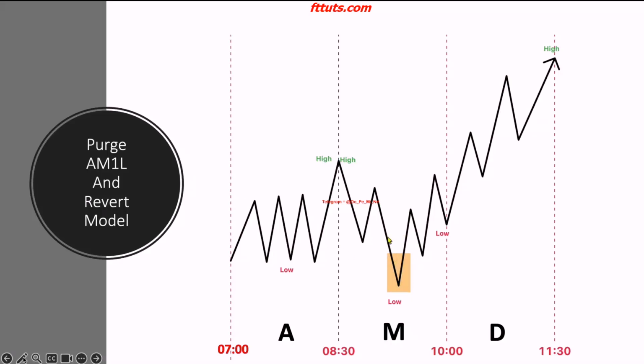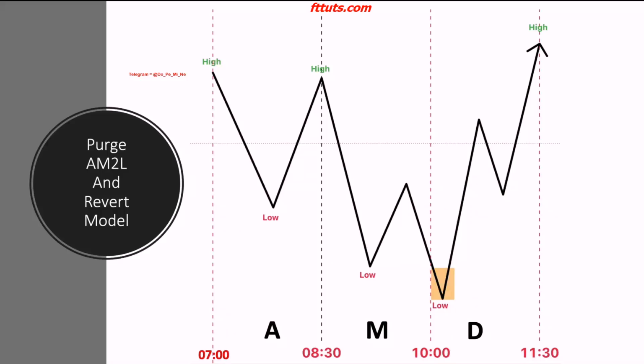This is where the low of AM forms, and the market then reverses and it shows a willingness to deliver higher. Then between 10 to 11:30 the market will distribute higher very rapidly. This scenario usually unfolds when there's a high impact news driver at 8:30 that gets used for manipulation purposes inside of a very bullish market.